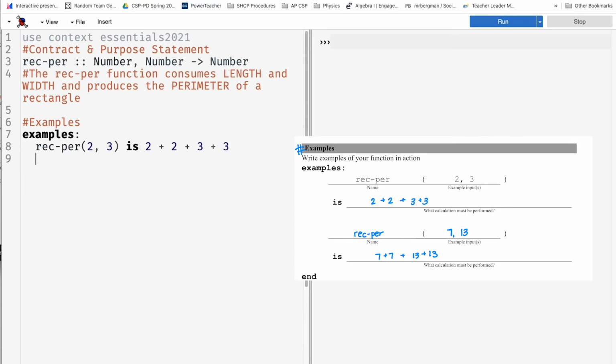And so that's our first example, and I just went ahead and put that all in the same line. And our next one is rec per, and I think the sample that I've used was 7, 13. It is 7 plus 7 plus 13 plus 13.